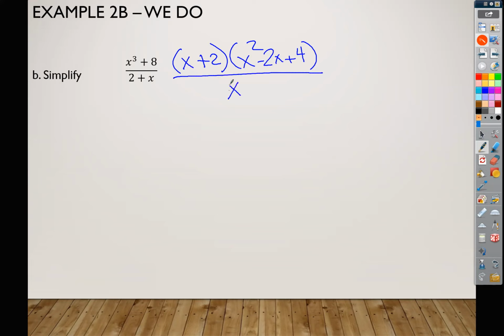Over, I'm going to rearrange this to x plus 2 because 2 plus x and x plus 2 are the same thing. So when I cancel those out, I'm left with x squared minus 2x plus 4. And I can't do anything else with that. So that is my final answer.